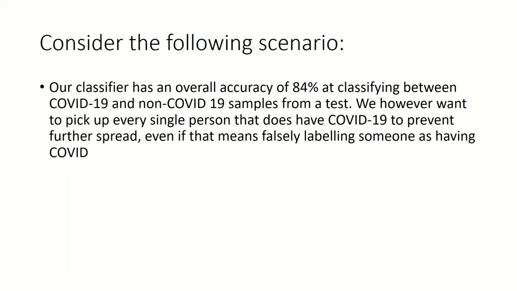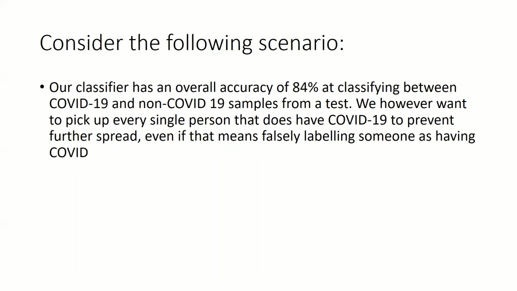So if we have a classifier that has an overall accuracy of 84%, classifying between COVID-19 and non-COVID-19 samples from a test, what we would really be interested in, because it's a spread of a deadly virus, is that we would actually want to pick up every single person that does have COVID-19, even if this means that we falsely label too many people as having COVID when they don't.